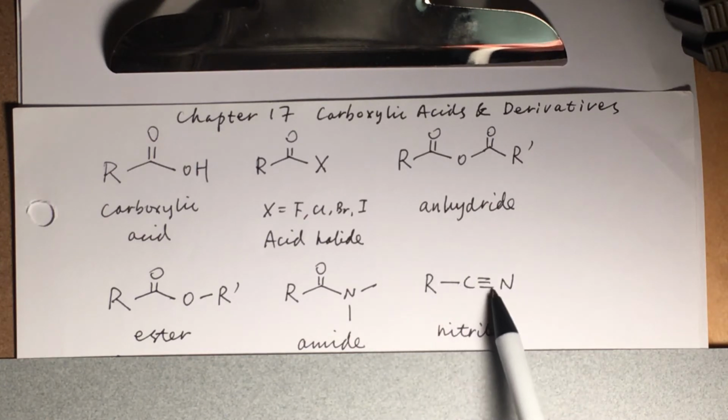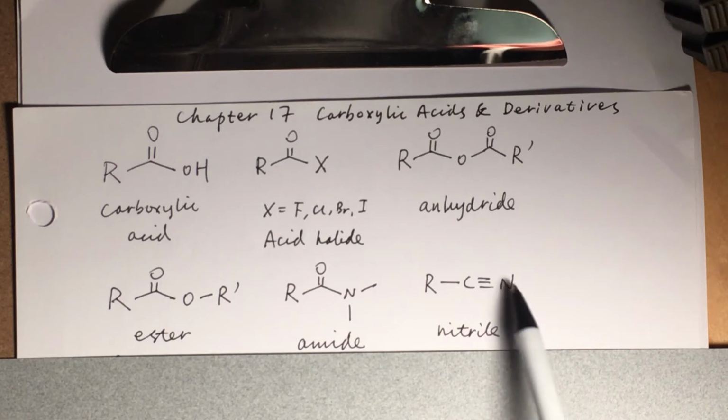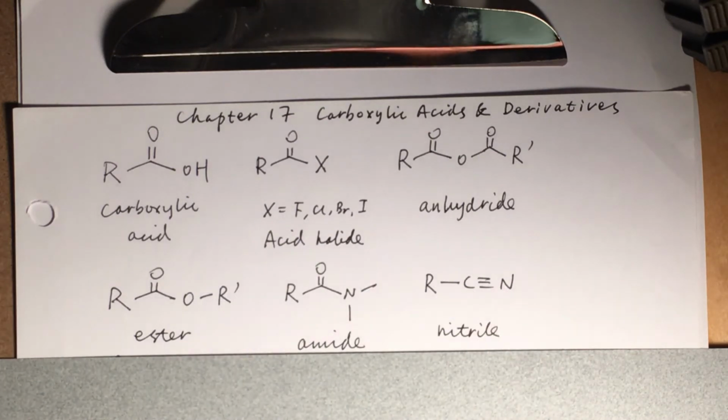When carbon is triple bonded with nitrogen, this is essentially a nitrogen analog of carboxylic acid, and these are the nitriles. So in this chapter we're going to discuss physical properties, naming, preparation, chemical properties, and spectroscopic properties of these functional groups.